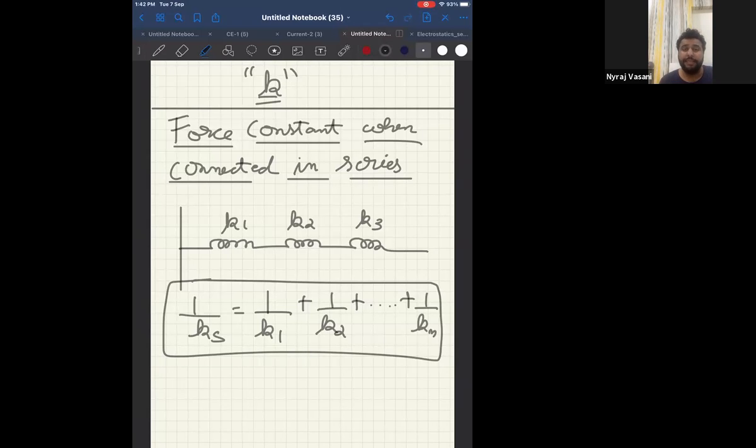That is resistance, Pooja. This is spring constant. If resistances are connected in series, then that should be the formula.